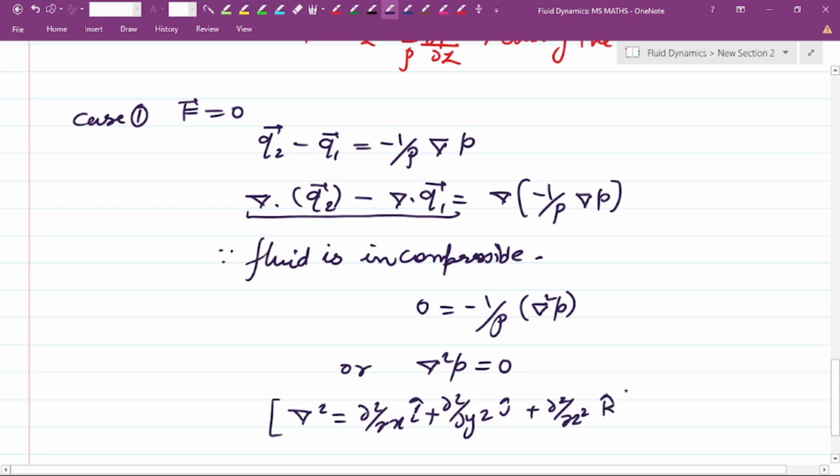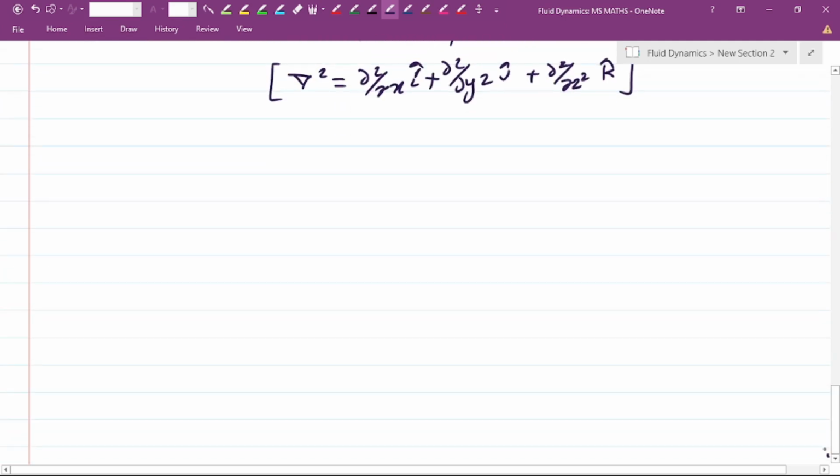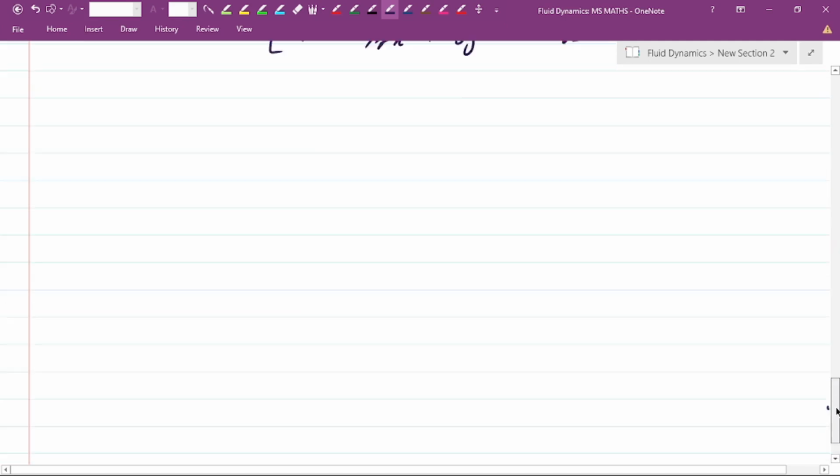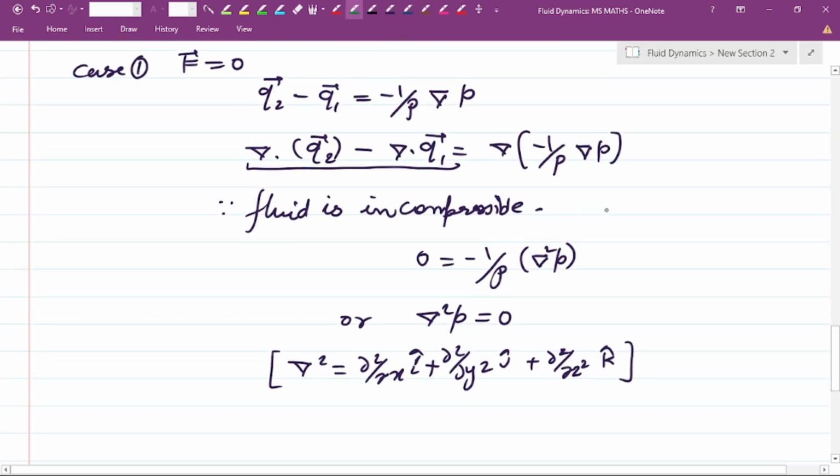So this is your delta 2. If it is incompressible fluid, it means the divergence of q is equal to 0.